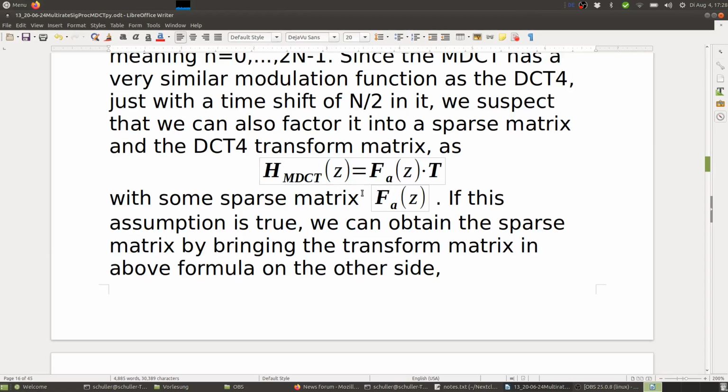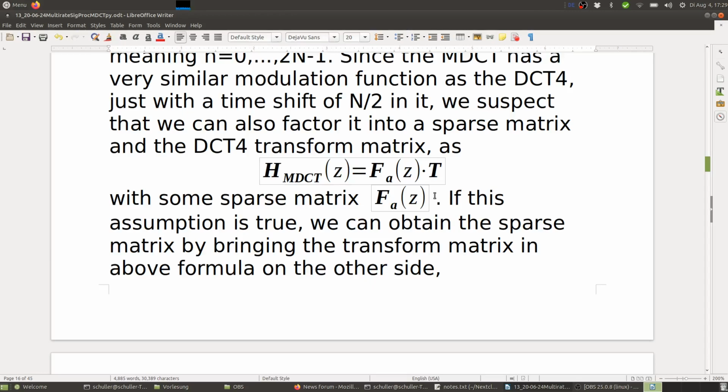And Fa should be sparse, like this cross-shaped matrix. Right? So we assume that is true, but we are not quite sure what exact form or shape this Fa has. Right? Because this cross shape was true for no n over 2 in our modulation function. So here we modified it, so now we might get a somewhat different shape.